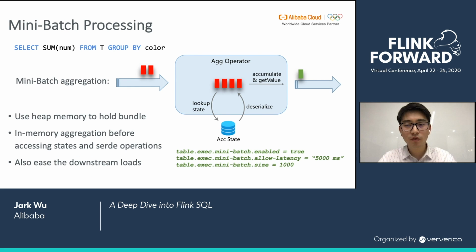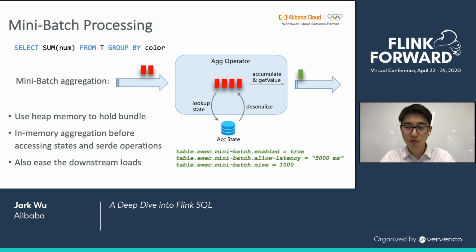The most performance critical factor of a Flink streaming application is state accessing. A lot of streaming optimization is around this point. So mini-batch processing is the answer. Instead of doing the calculation for each record, we will buffer the records in some heap memory to hold the bundle. There are two triggers for the bundle calculation. One is the time limit, and the other is the size limit.